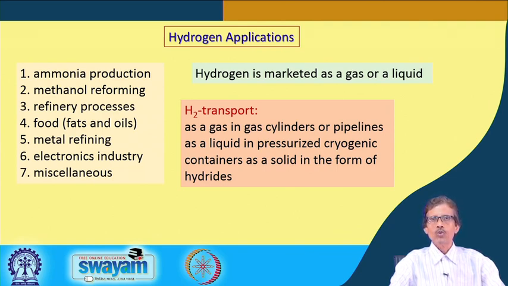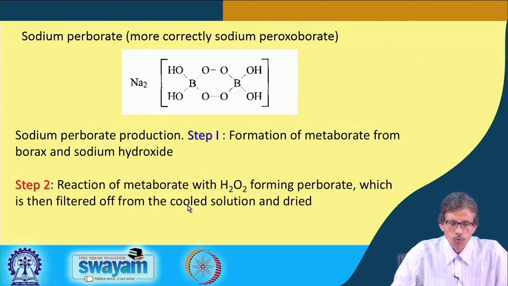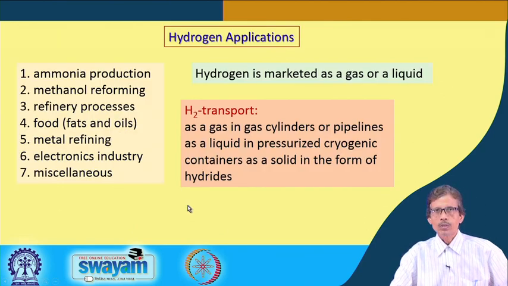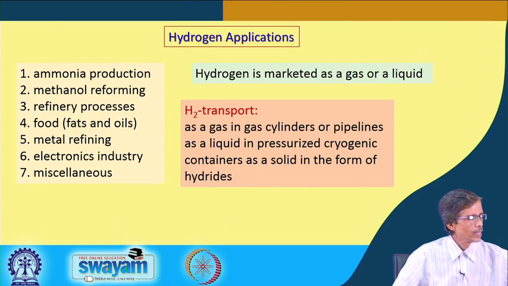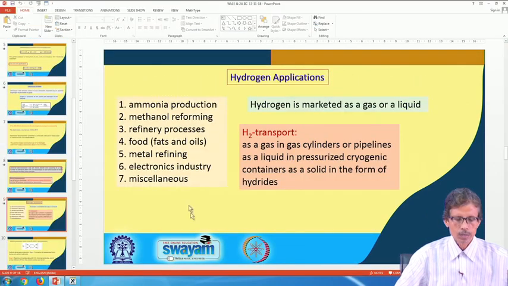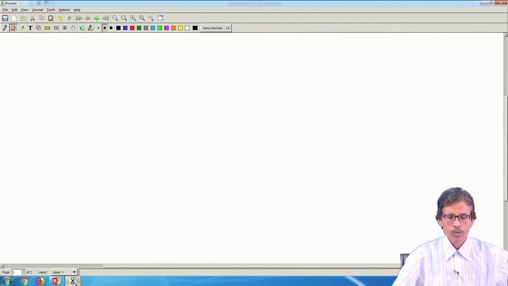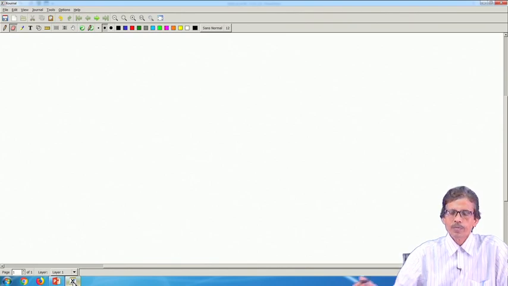We can take those solid materials for getting hydrogen for some useful purposes. Next we will go for some important compounds where we can see how this particular material can be utilized for other cases.